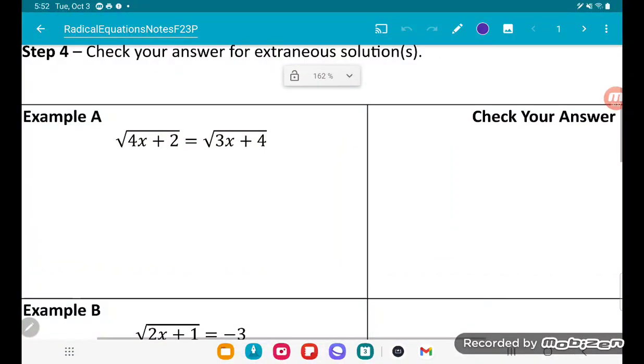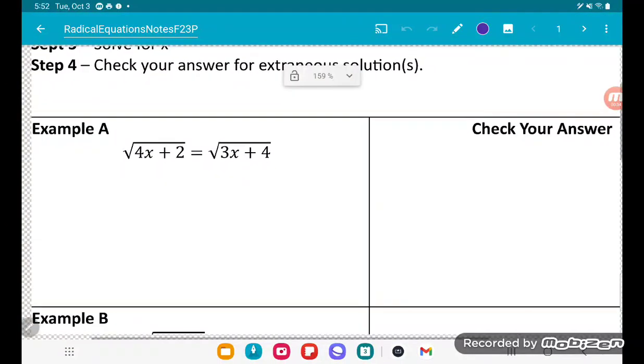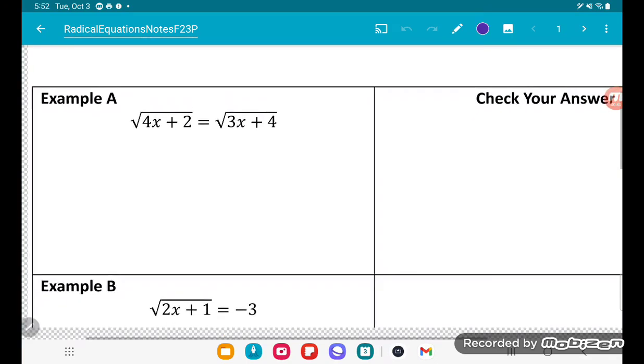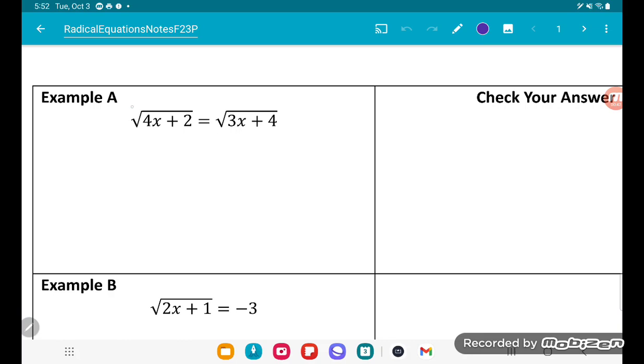In example A, you're given the square root of 4x plus 2 equals the square root of 3x plus 4. Because it's a square root, we know to undo it by squaring both sides. Once we square both sides, this turns into 4x plus 2 equals 3x plus 4.